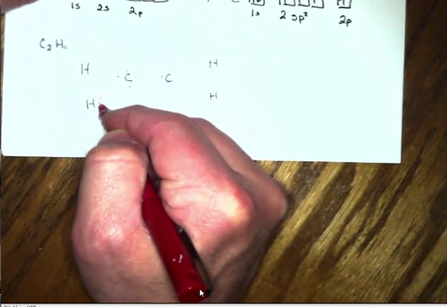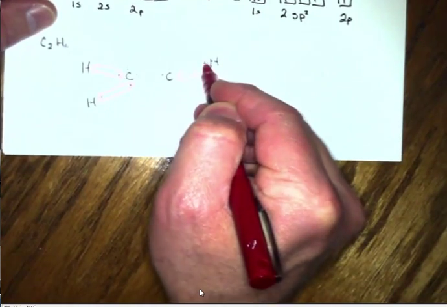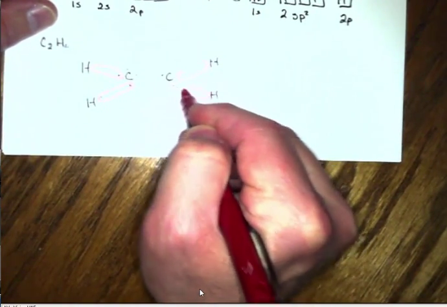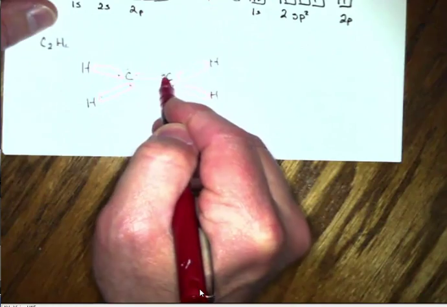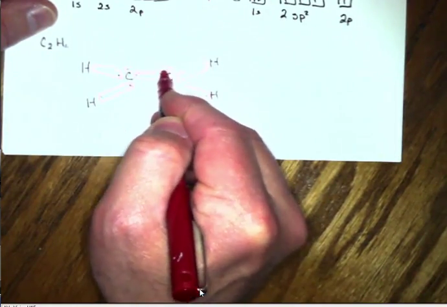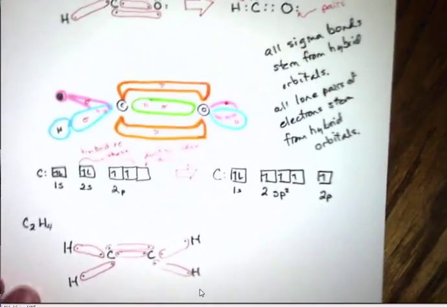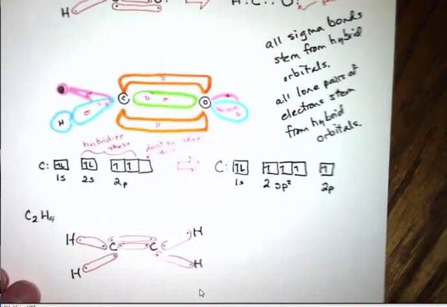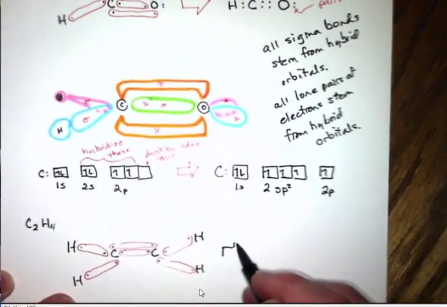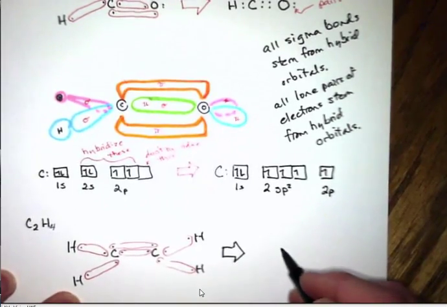So we're going to combine or share 2 electrons. That gives hydrogen all the electrons it can stand. And I'll put 2 here, and I'll share 2 here, and 2 here, okay? And that leaves us a double set between the carbons, okay? So that's our electron dot formula going to the sharing arrangement, and then we'll go to the Lewis dot formula.